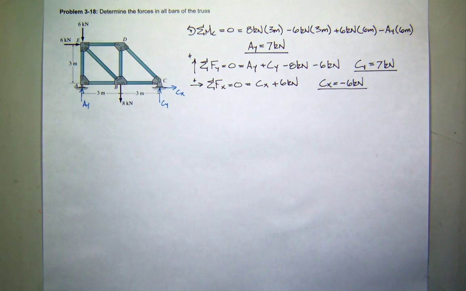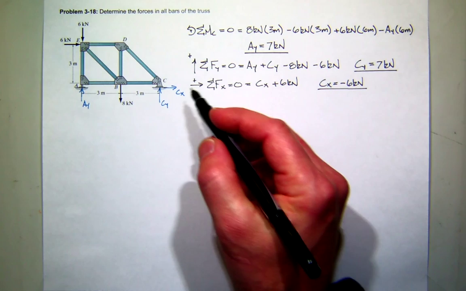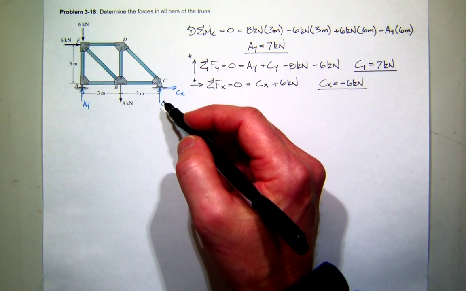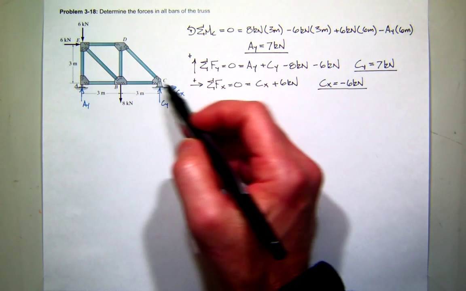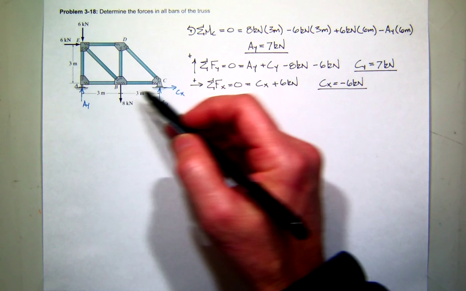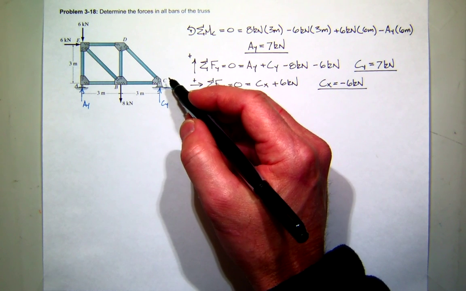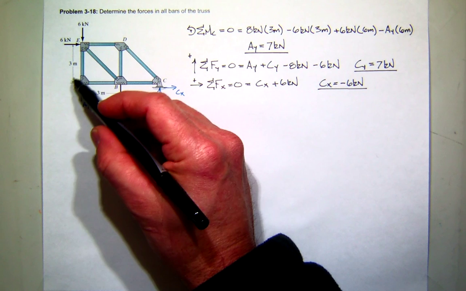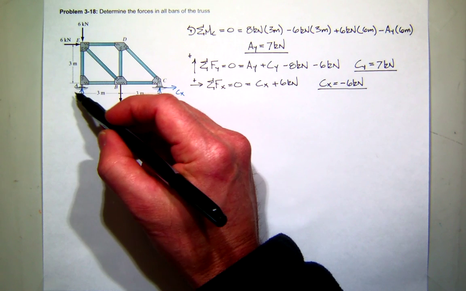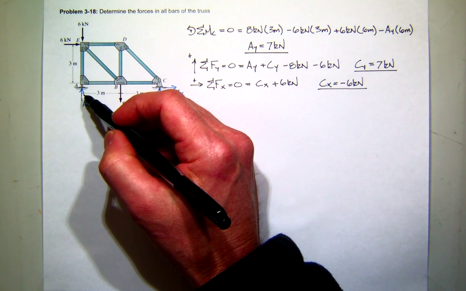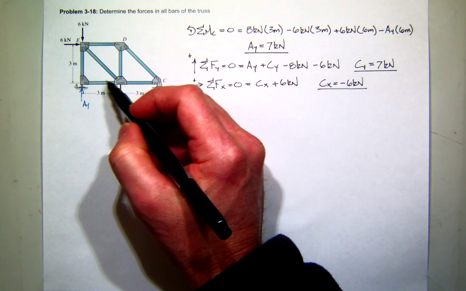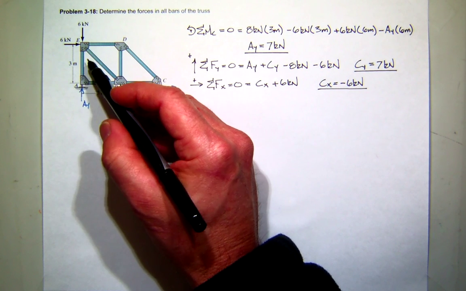So now we can talk a little bit about strategy. Looking at the external parts of the truss, probably around the supports, would be a good place to think about doing method of joints. We already discussed earlier, joint A is going to be a good place to start. Because AB will be all horizontal, AE will be all vertical.